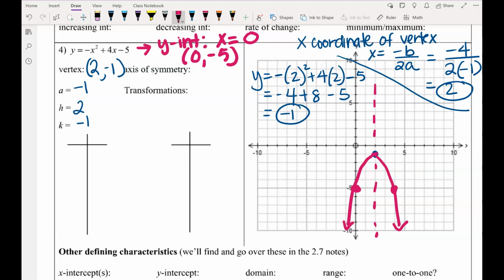Okay. Let's fill out the rest. AOS is, what is our answer for axis symmetry? X equals to 2. We have 3 transformations total. A being negative, meaning, yep, reflect over the x-axis.